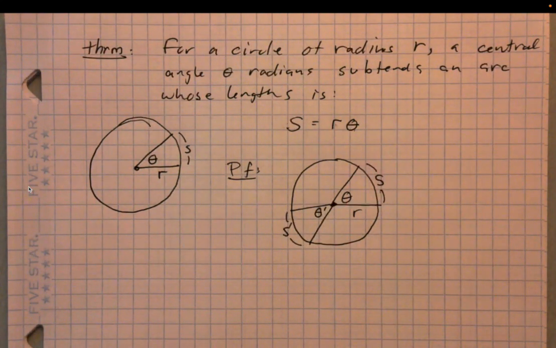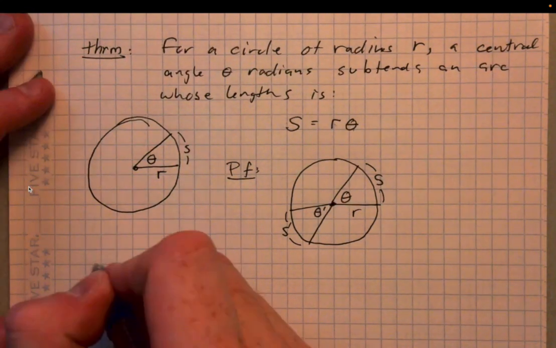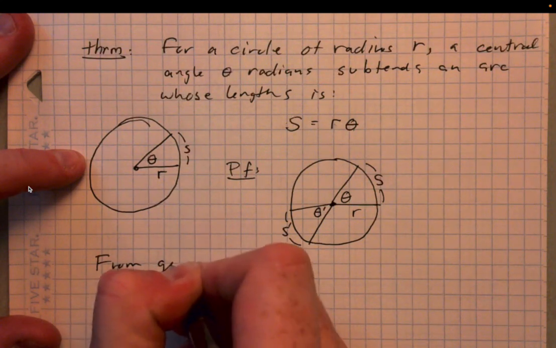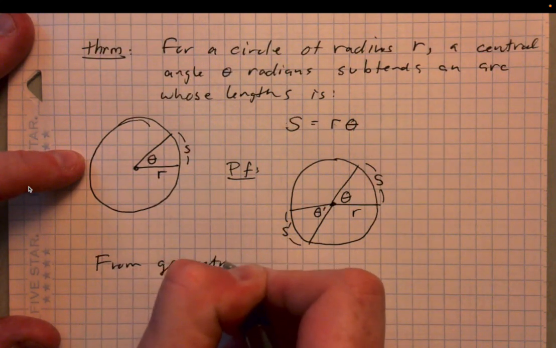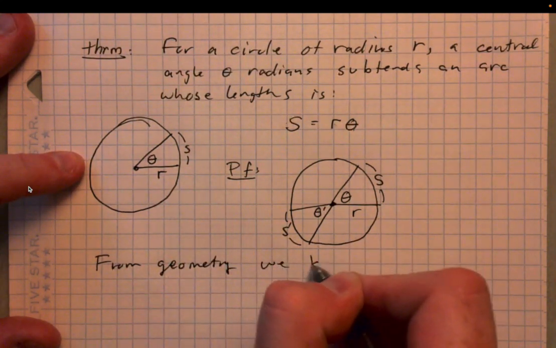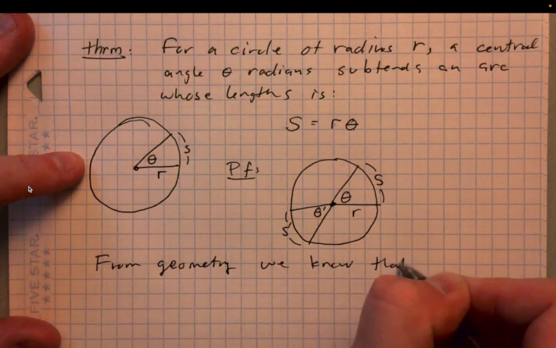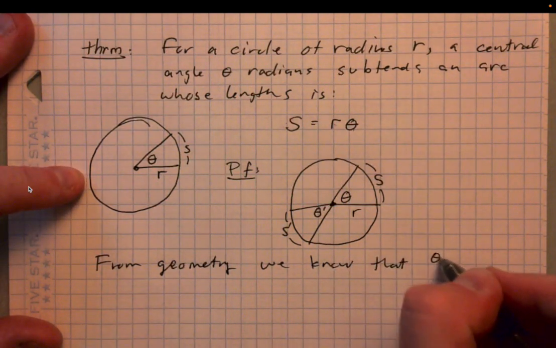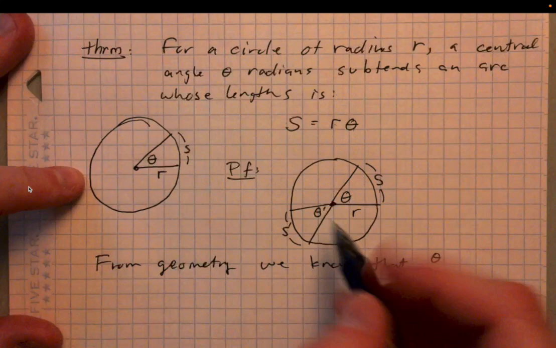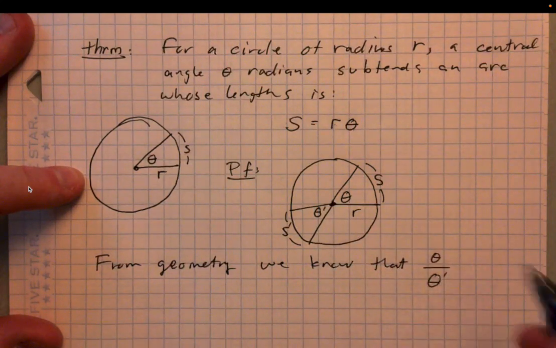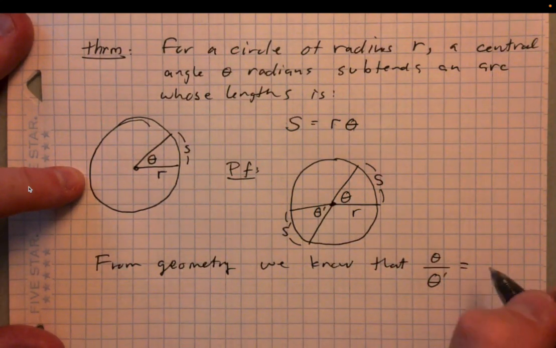Remember, these are the arc lengths. Now, one of the things this demonstration relies on is the following. From geometry, we know that theta, this angle here, divided by the other angle, theta prime, is equal to s over s prime.